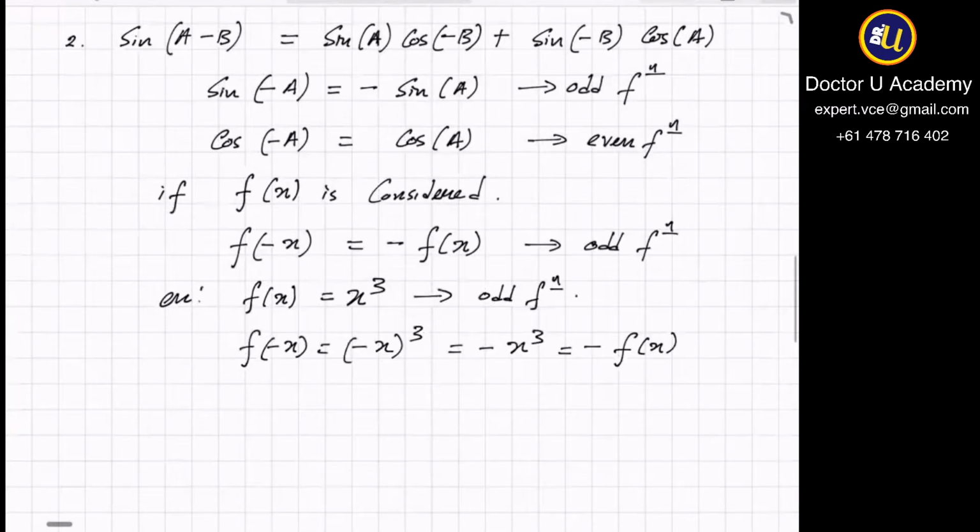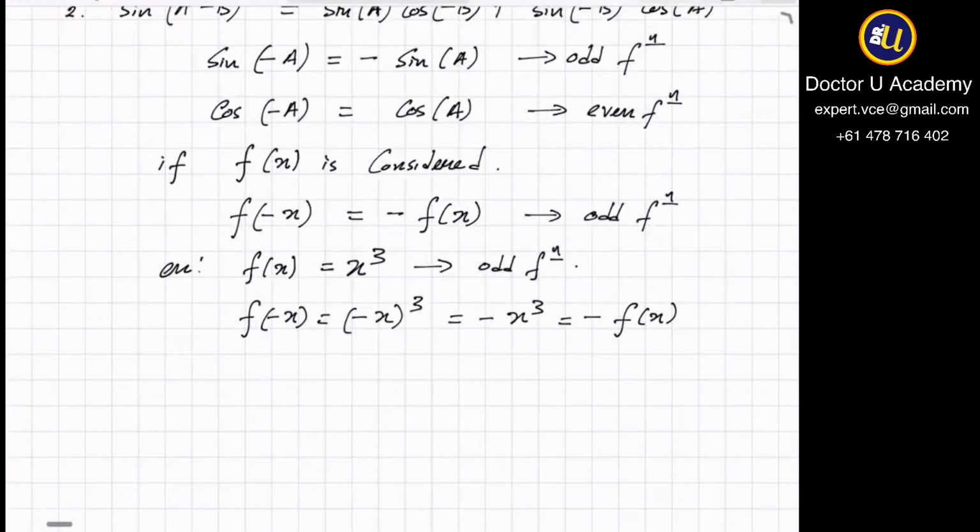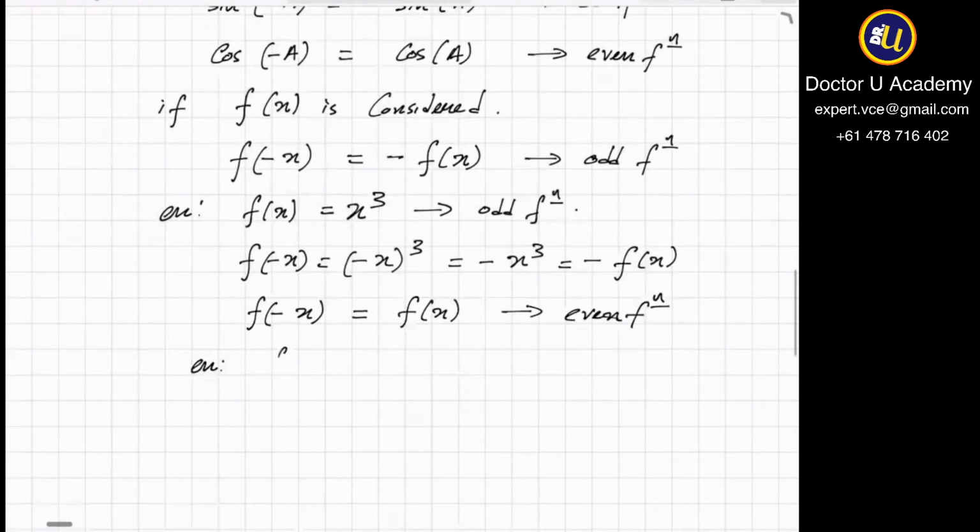So this is covered in math methods. Now if f(minus x) is f(x), then this is the condition for an even function. Even function, for example, f(x) is equal to x squared.